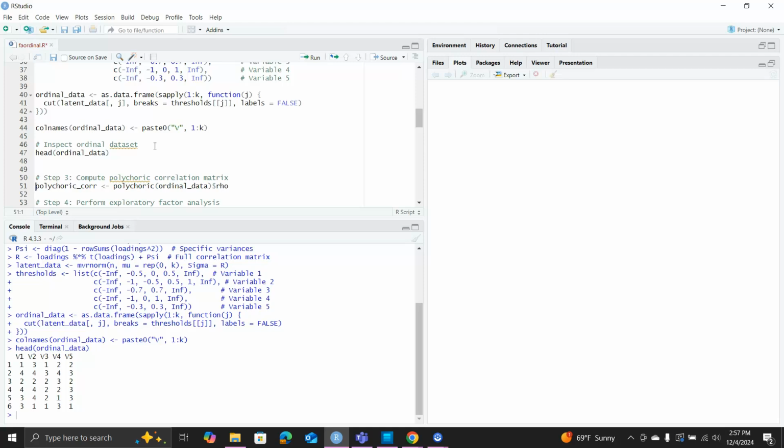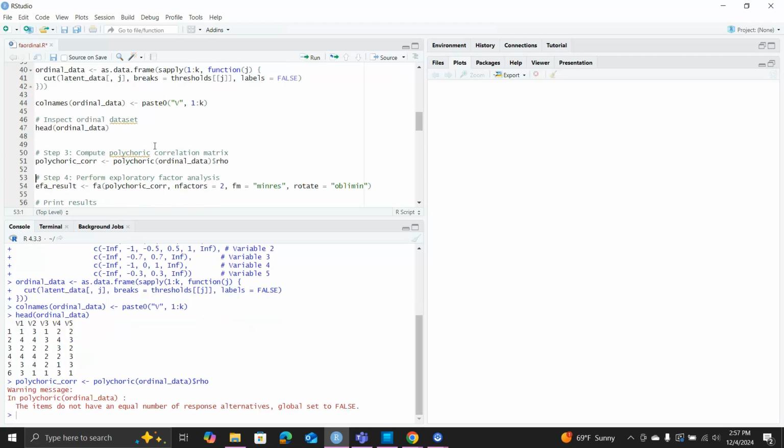Here we use the polychoric function in the polycor package, and it calculates a correlation matrix for ordinal data. Its output consists of a list, and we need to extract the rho component. That's our correlation matrix.